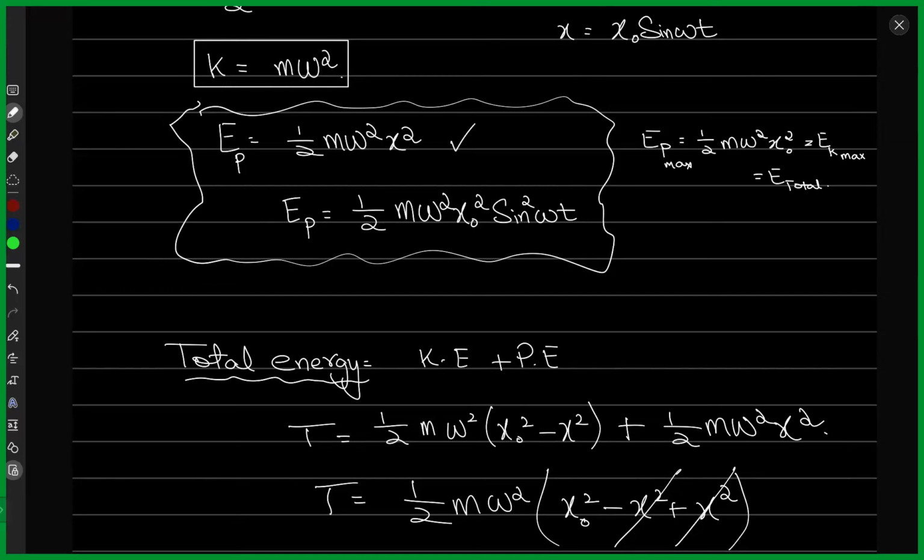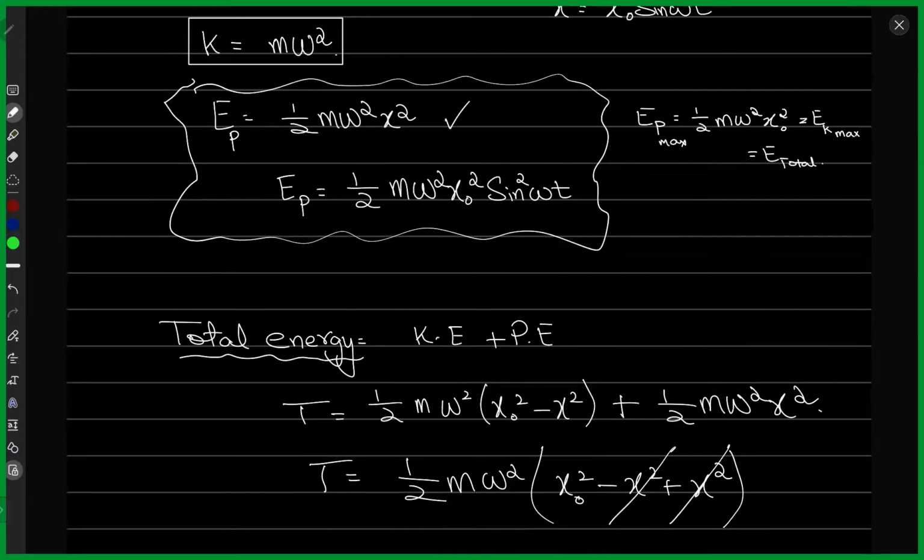What was the question again? The question is that we see that the maximum potential energy would be half m omega squared, and in place of this x squared, I'll put x naught squared, right? Because the oscillator would have its potential energy maximum when it's at the maximum displacement that it can have. That's potential energy, right? And we also derived that the maximum kinetic energy is also equal to half m omega squared x naught squared.